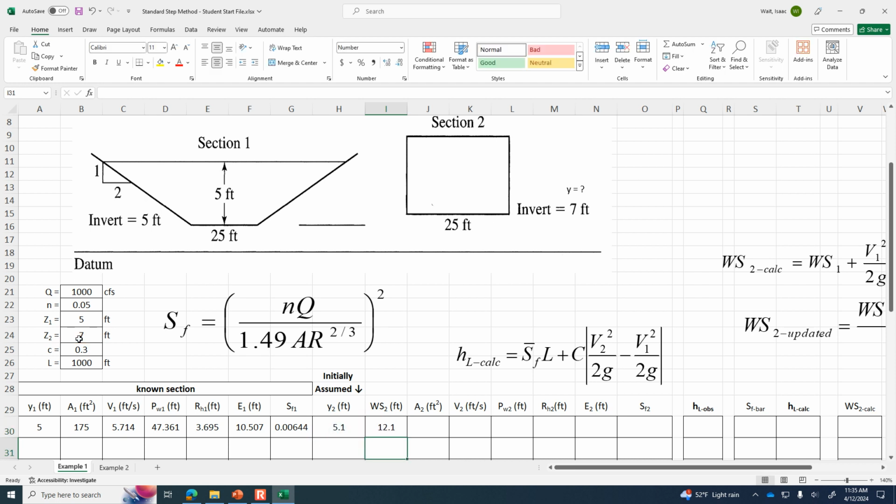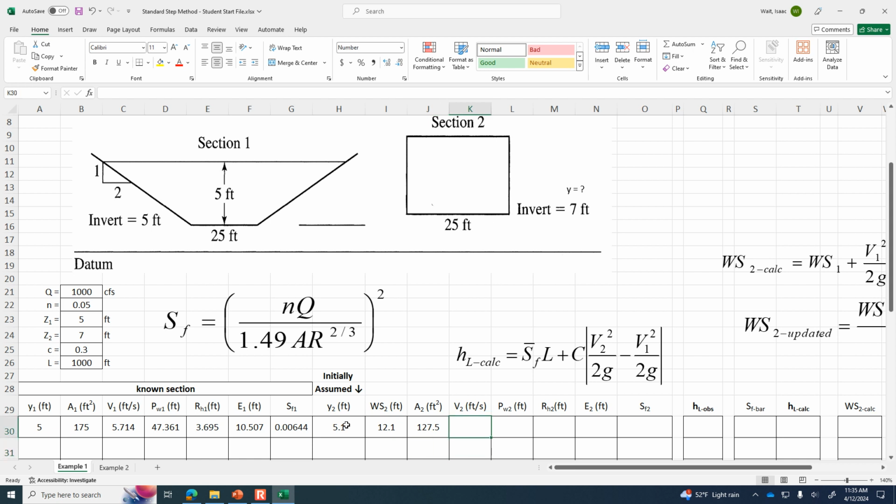So the elevation of the water surface at 2 is 12.1 feet. Okay, the area here, it's rectangular, so the geometry is a little easier. Area is just width times depth. So the width of the channel we can see is 25. 25 times the depth of flow, 5.1. So that's the cross-sectional area.